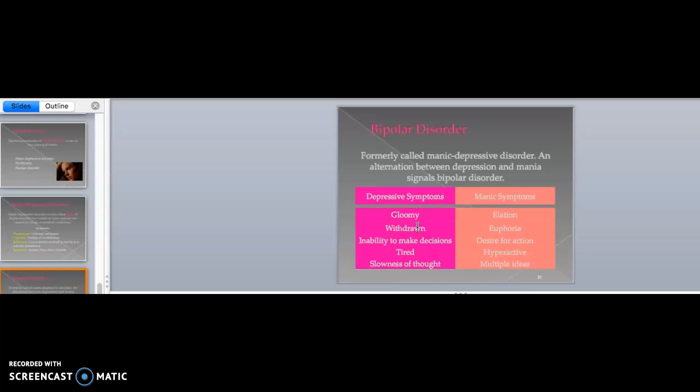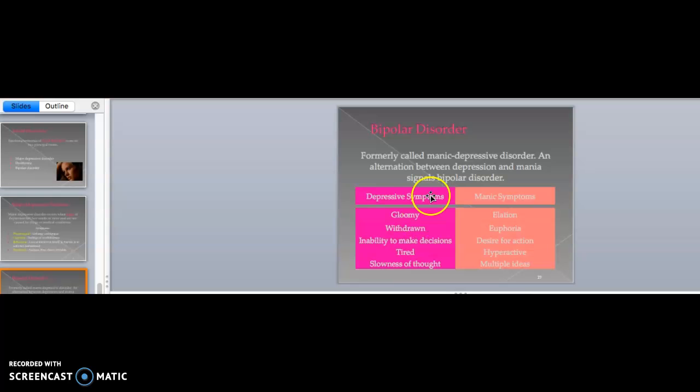A lot of times it's inability to just do anything, or just not feeling anything, slowness of thought, not having the motivation to do the things you normally like to do, just feeling listless, maybe tired and just down. That's the depression, and that's really what categorizes MDD.